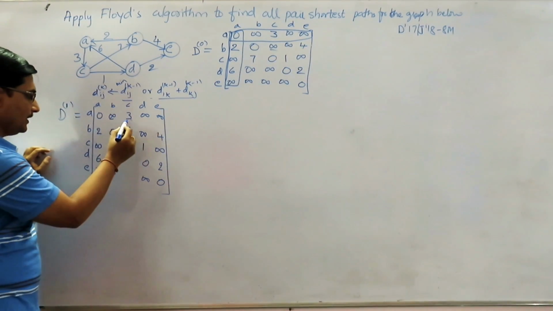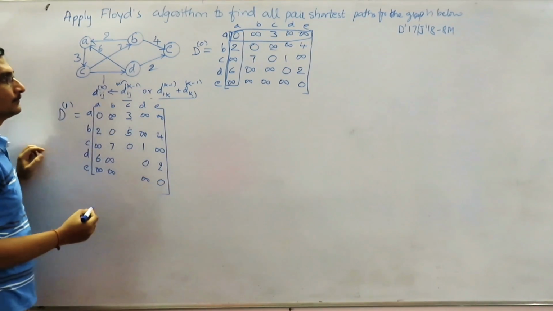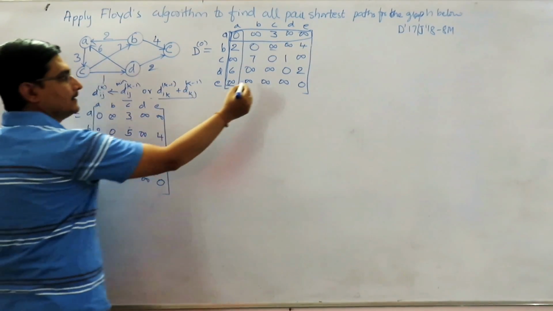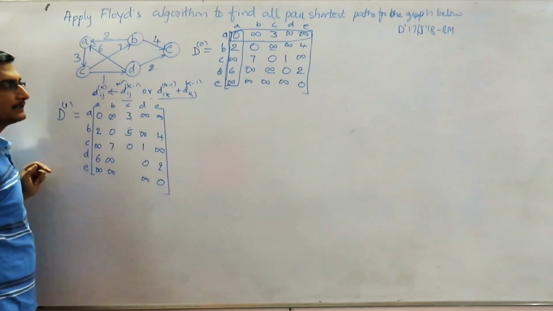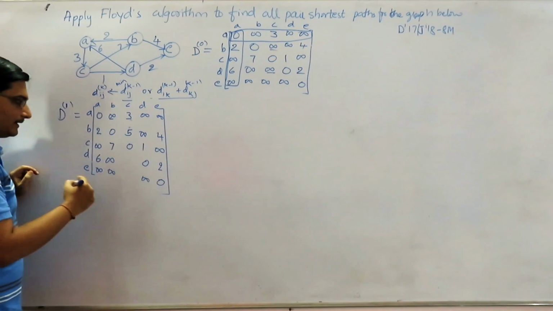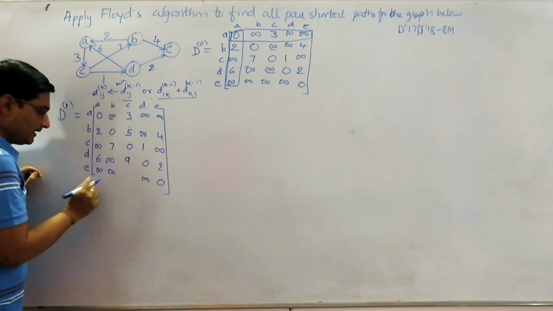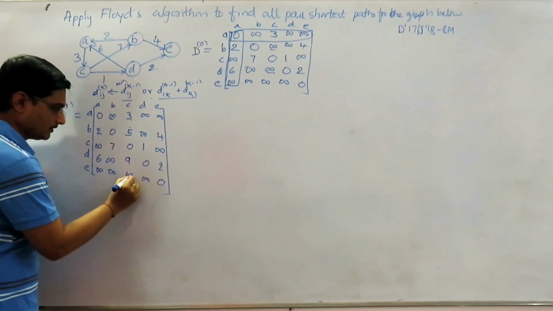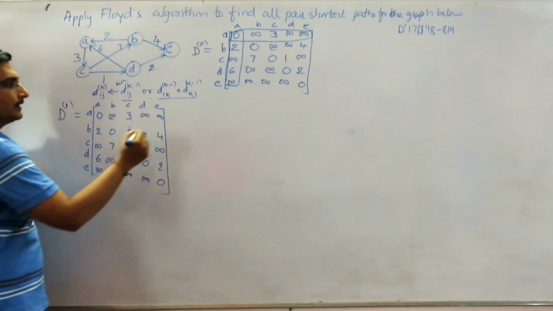See that this is 3, so there are chances. 6 plus 3 is 9 and the earlier entry is infinity. Infinity is greater than 9, so we have to consider 9. And this entry is infinity. This row is not going to change. So this is what we have got as D1.